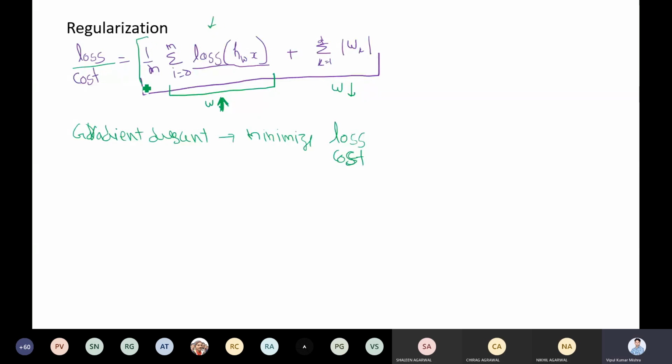Cost means it includes both the things. If you just try to reduce this, it will start increasing because it is trying to increase the weights. So the first term will try to increase the weights. As weights increase, what happens to the second term? If your weights are increasing, will the second term increase or decrease?